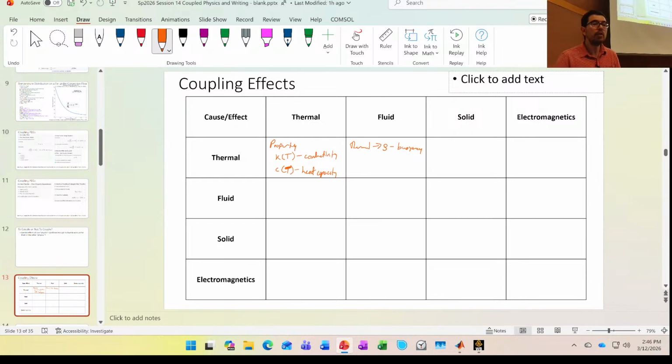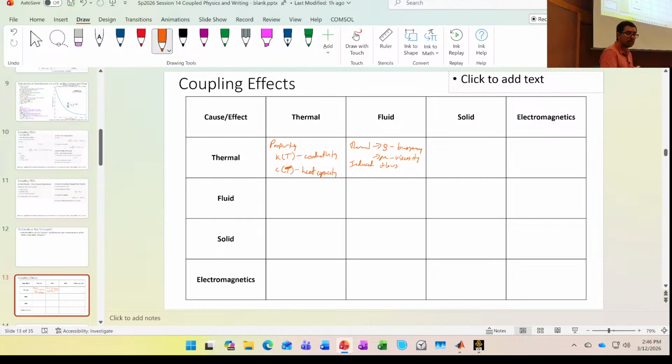We mentioned this earlier: thermal can also affect viscosity, so that will affect a number of behaviors. And when we said buoyancy, that means that you have induced flows. You could have boiling. You could have phase changes. There are a number of ways where a thermal system can beat up on a fluid system.